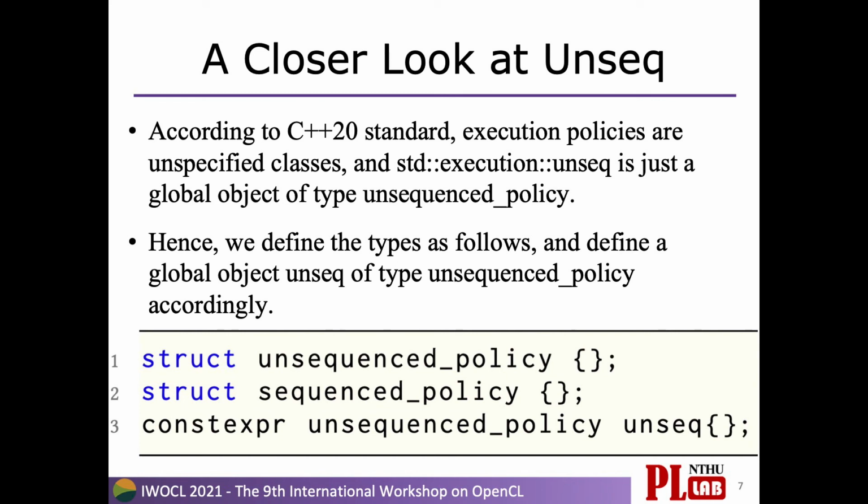According to the C++20 standard, execution policies are unspecified classes, and the execution policy unseq is just a global object of type unsequenced_policy. Hence, we can define the execution policy types as shown on the slide, and define a global object unseq of type unsequenced_policy accordingly.